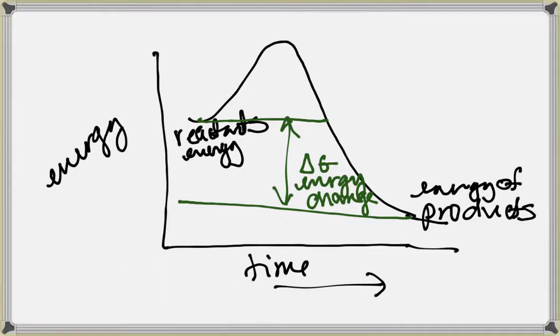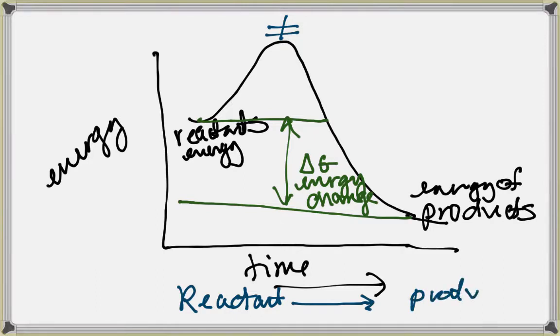Now up here, this right here is what's known as a transition. So over time, what we're looking at here is, this is the reactants, over time, these guys are going to change into products. So this is our reaction mechanism.